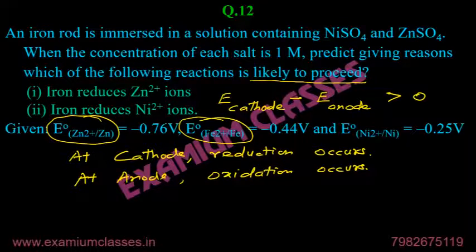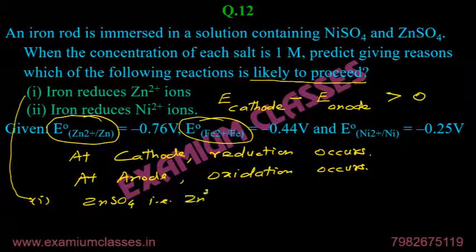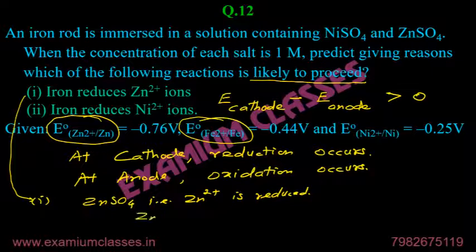Now it is given iron reduces, that is Zn2+ reduced, meaning Zn2+ plus 2 electrons will give you Zn solid.